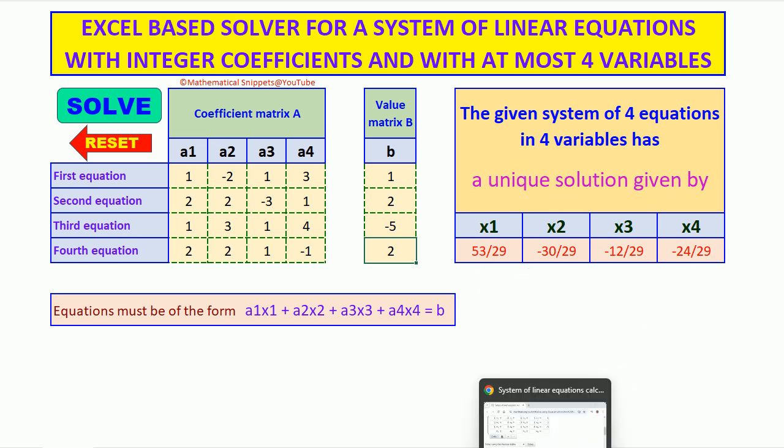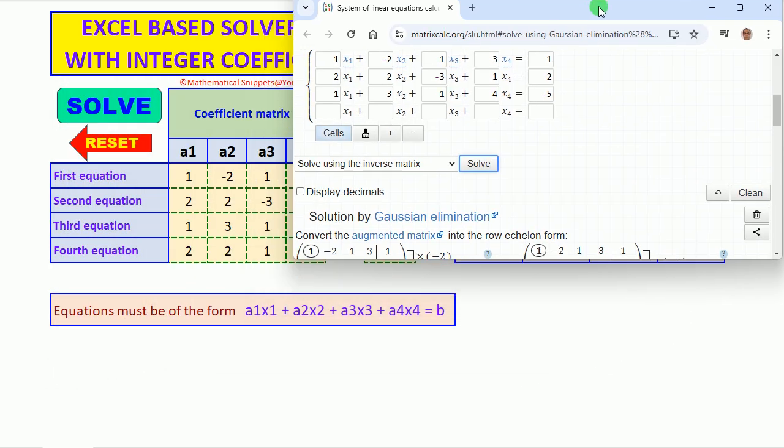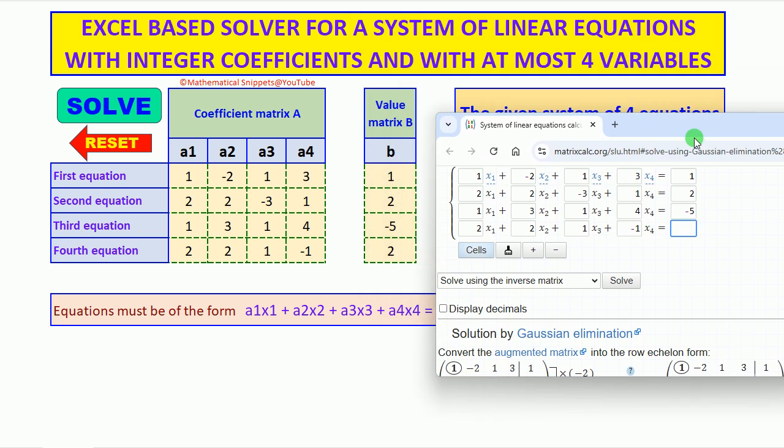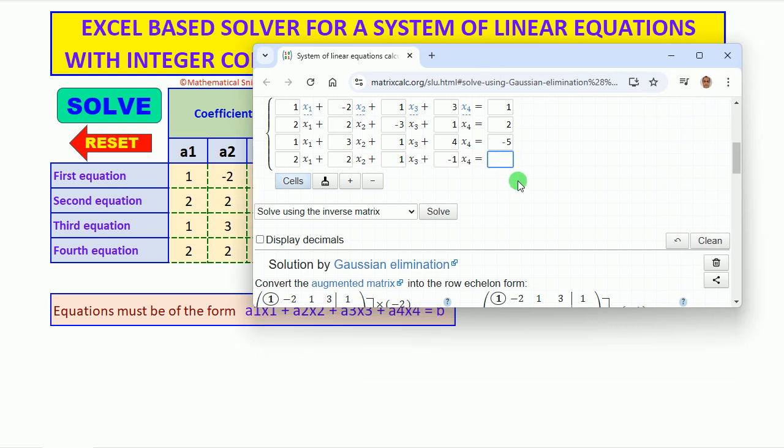So again we go to our calculator. I have just added one more row. So it is 2, here also 2, then it is 1, then it is -1, and then it is 2.